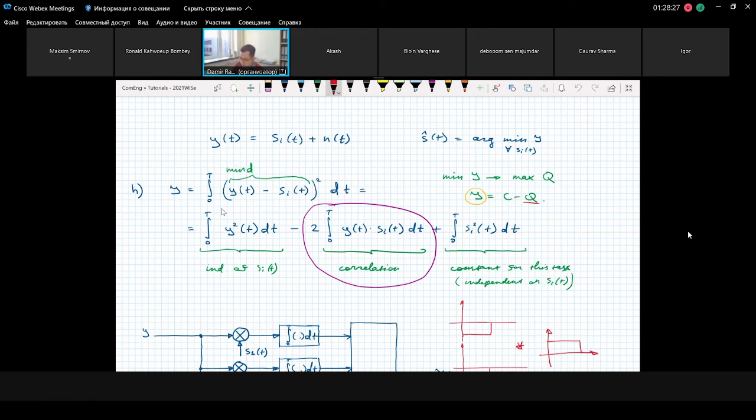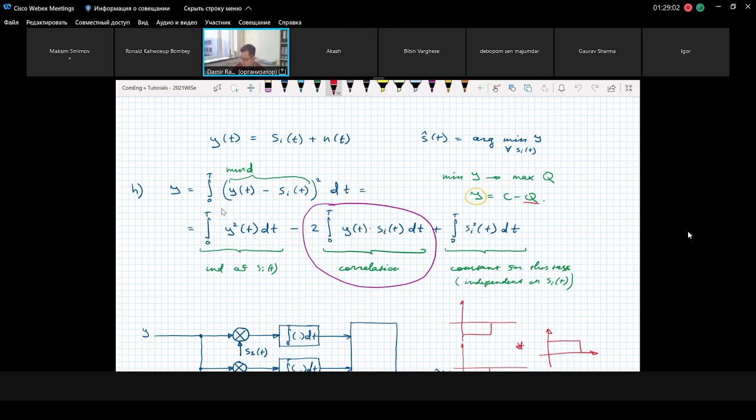And this is exactly what happened. The first term is a constant, this integral of y t squared. This is constant, and then we subtract some quantity. The larger this quantity is, the smaller the resulting value we get. And this is why we replace minimum by maximum, because we replace the problem of finding minimum distance by finding maximum possible correlation.